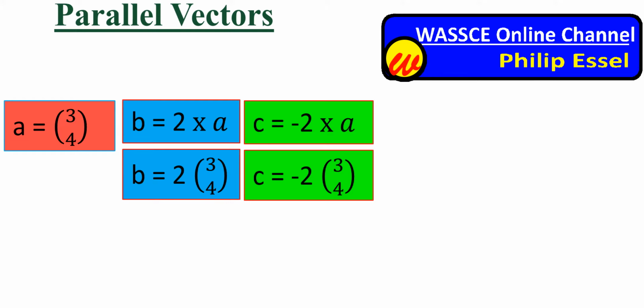We already know how to multiply scalars by vectors, so let's quickly do that. First, we are doing the vector B. So 2 times the vector 3, 4 would give us 6, 8. So our vector B is equals to 6, 8.